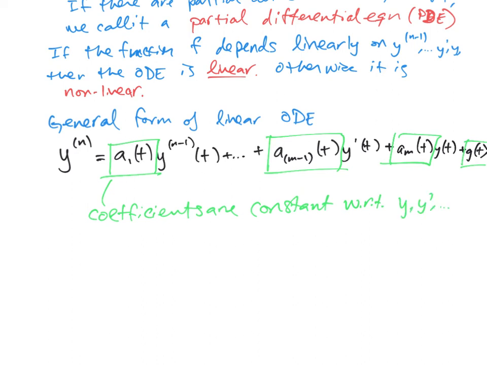So this is what our definition up here said. The function needs to depend literally on the y's, but not necessarily on t. We can have all sorts of crazy things going on with t as long as the y's are normal and don't have any powers in them or cosines or anything like that. So that can be a little confusing.